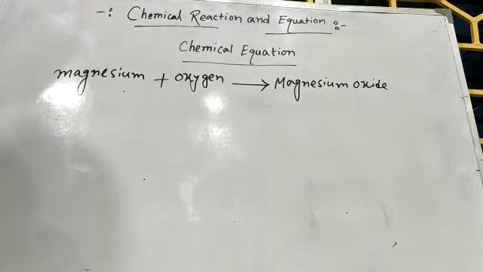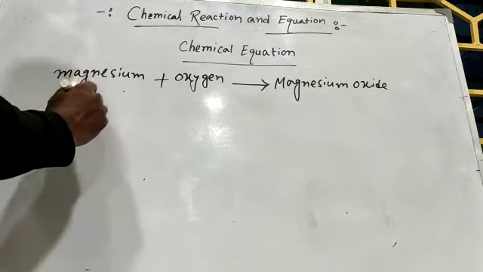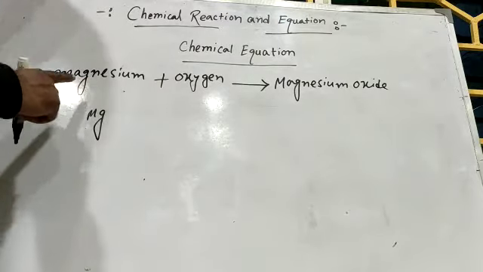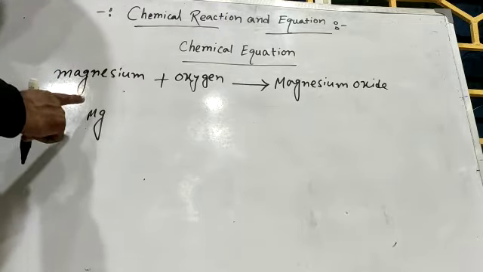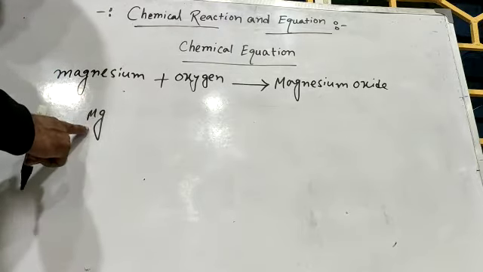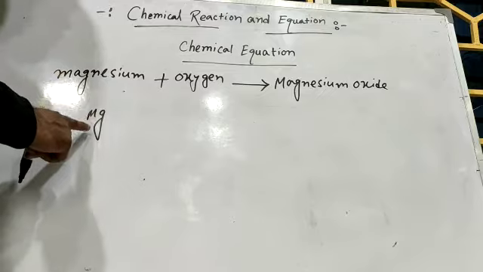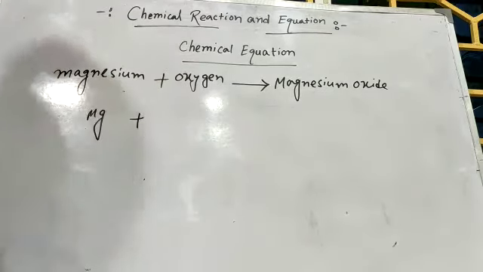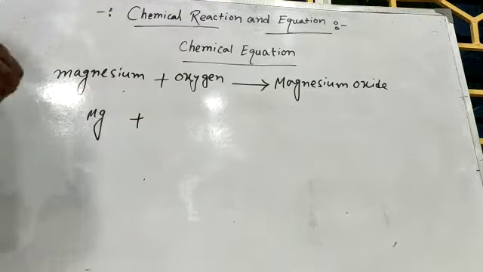The molecular symbol of magnesium is Mg, because magnesium is a monoatomic molecule, so the symbol of magnesium is Mg, plus oxygen. Oxygen is an elementary molecule.